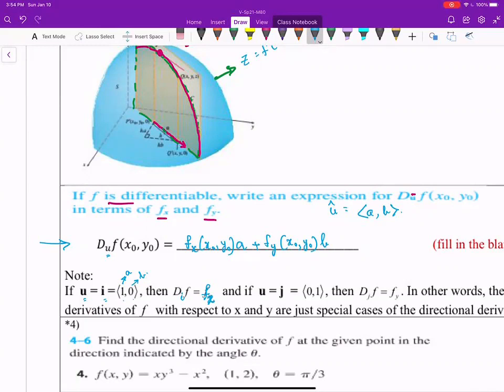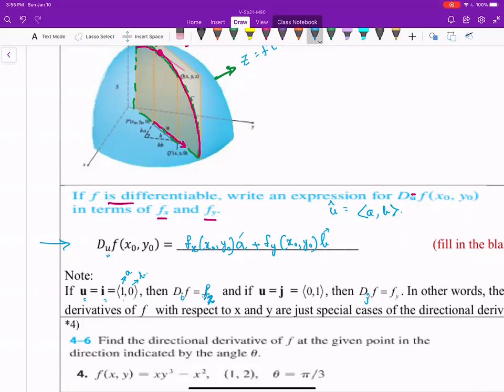In the same way, if you take u equal to j, which has components 0 and 1, because j is the standard basis vector in the direction of y, then D_j f: here a equals 0, then b will be equal to 1 if u was equal to j.